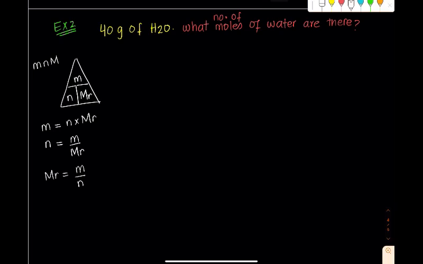So let's find out the number of moles of water there are in 40 grams of water. There is one way: you first find out the MR of water, the molecular mass of water. And how do we find it out? We multiply the number of atoms with its atomic mass, which is 1 for hydrogen. This is AR of hydrogen. Plus, we have 1 atom of oxygen, so we multiply 1 with the AR of oxygen, which is 16.